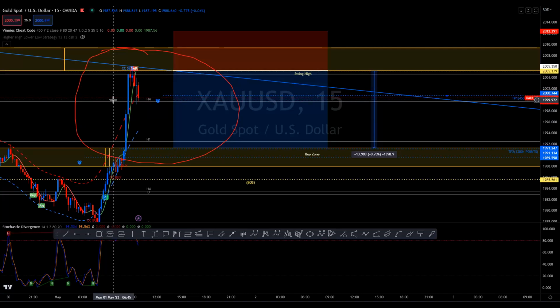Still waiting for this price action to do its thing. Let's go. Let's go.